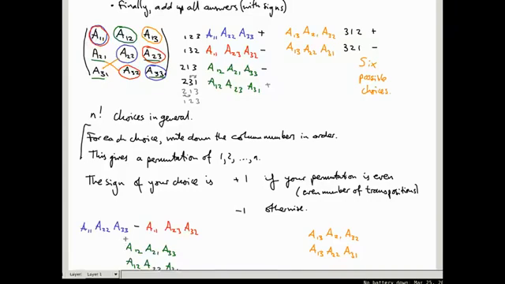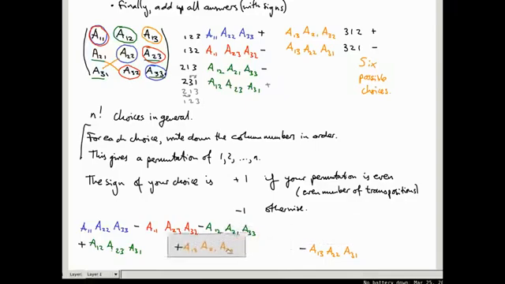This was also a minus sign. Minus A12, A21, A33. This was a plus, plus A12, A23, A31. And then plus A13, A21, A32, and then minus A13, A22, A31.